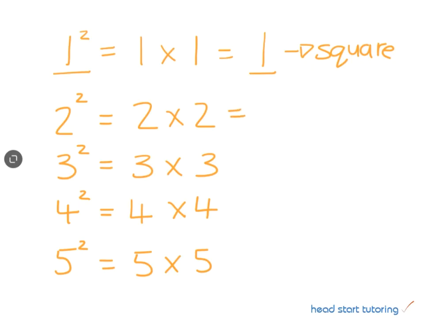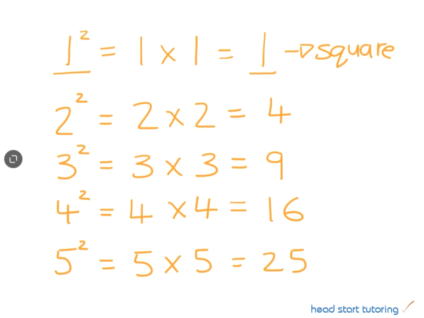Our second square number is 4, because 2 times 2 is 4. Our third square number is 9, because 3 times 3 is 9. Our fourth square number is 16, because 4 times 4 is 16. And our fifth square number is 25, because 5 times 5 is 25.